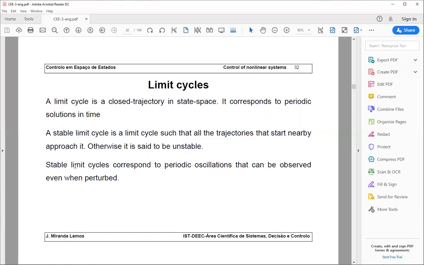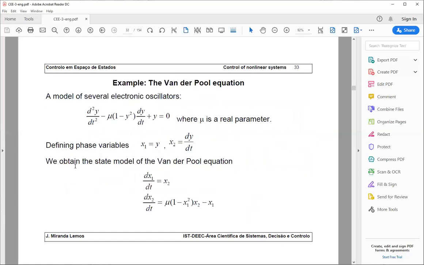So stable limit cycles correspond to observable oscillations, in terms of being physically possible to observe. Let me give you one classical example, the van der Pol equation.